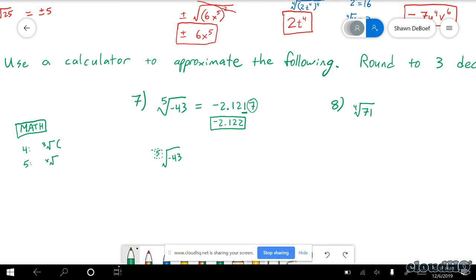You should get an answer of 2.903. It was 2.9027, but I have to round it up.